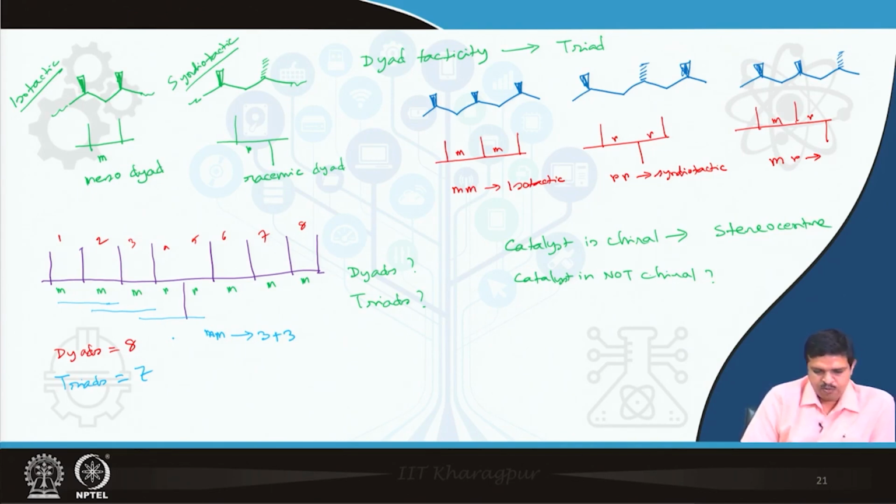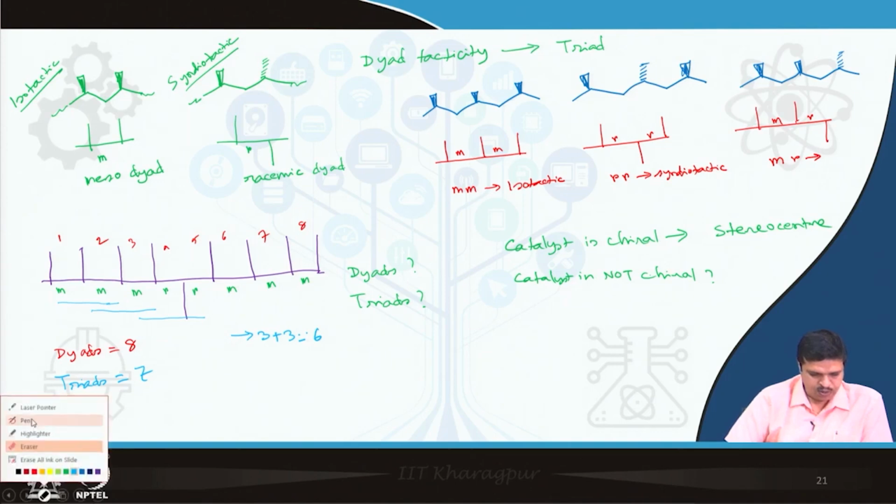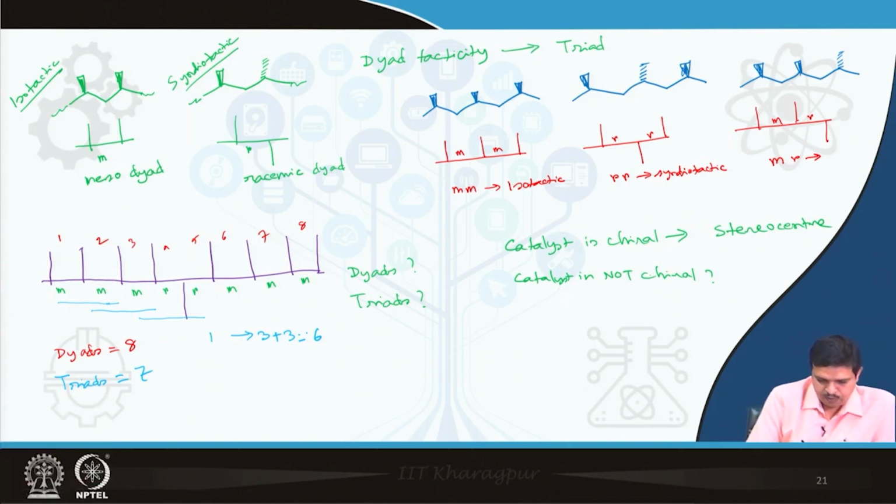So, here total 6 m diads. Sorry, I should not write double m, it will be a single m, because it is a diad. Now, a total of 6 are assigned as m, and the leftover is r.